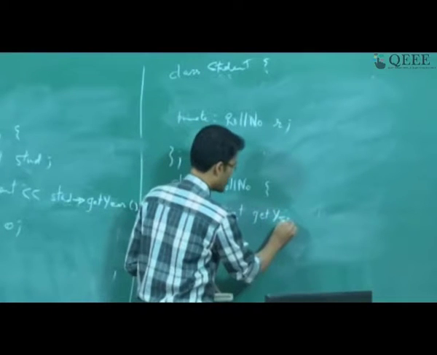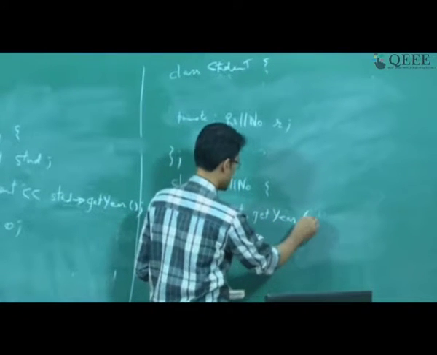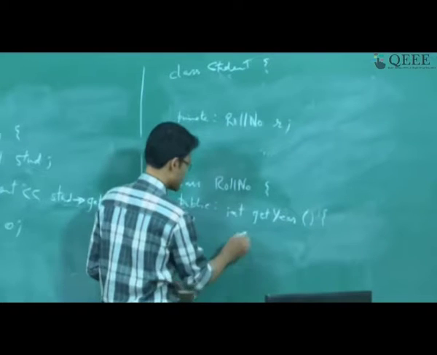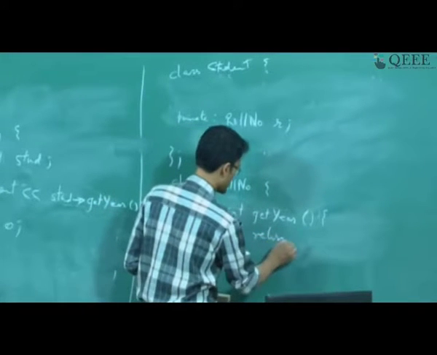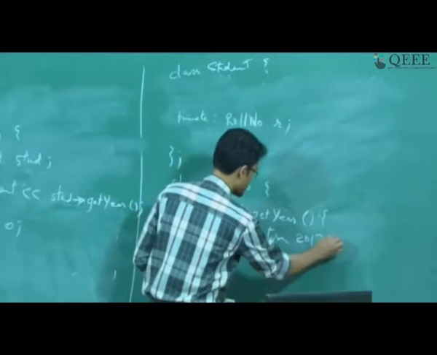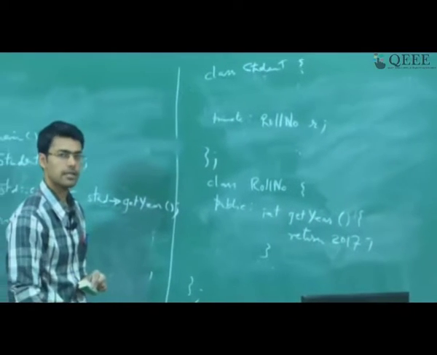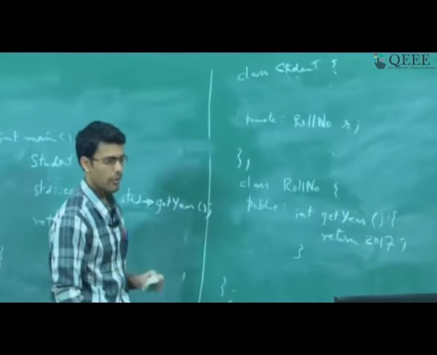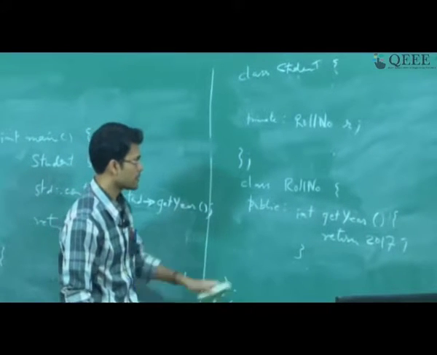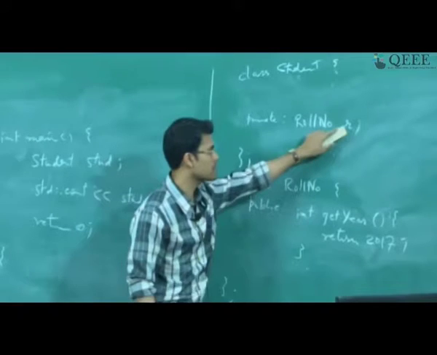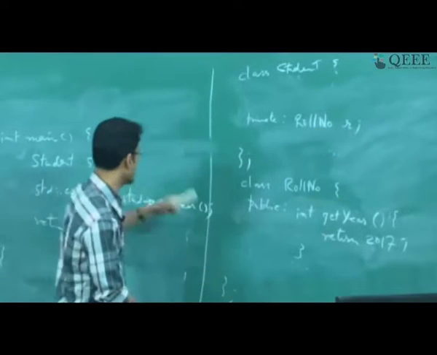I am not doing any parsing here of the roll number, but I am sure you will be able to realize that. So what I am returning is essentially only 2017. This code works only for CH-17 or whatever XY-17, but you will be able to modify it accordingly. So there is a getYear defined in roll number, which is called on this R variable inside stud.